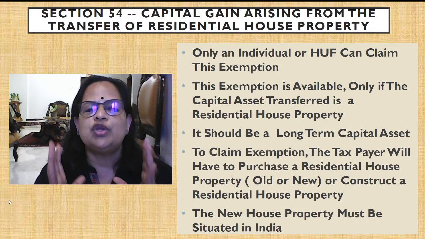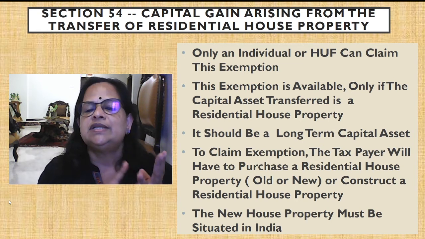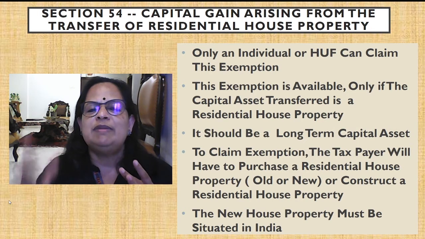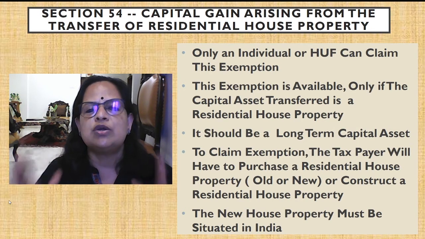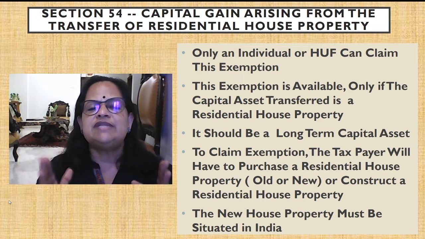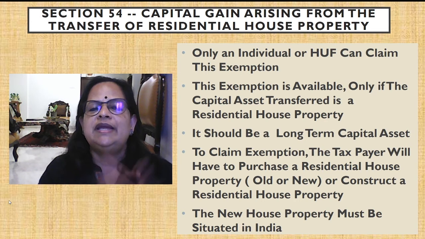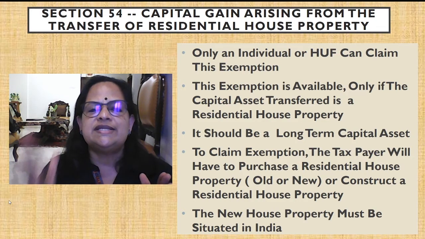Now you know what you mean by a long-term capital asset. For short-term we have learned either 12 months, 24 months or 3 years. So if a house is held for more than 3 years and transferred, it will be considered a long-term capital asset. Some sections' exemptions are available for both short-term and long-term. In the last slide, I have explained the comparison between section 54 and section 54B.